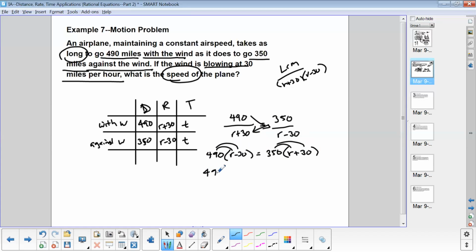I'm going to get 490R minus 14,700 is equal to 350R plus 10,500. So I'm going to add the 14,700 over here, and I'm going to subtract the 350R here.